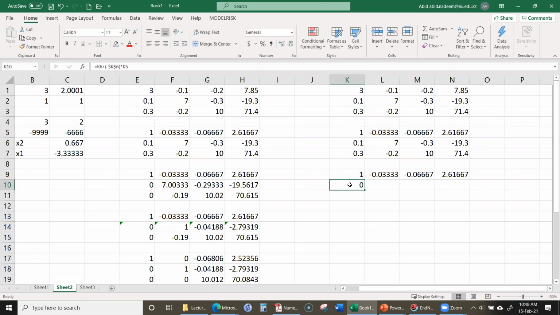That will make it 0. So in this case, I will get these values.